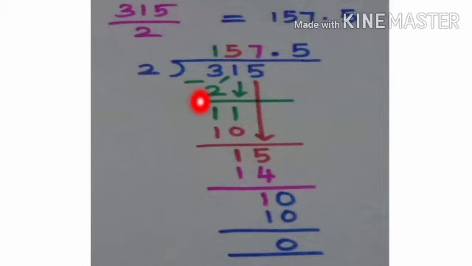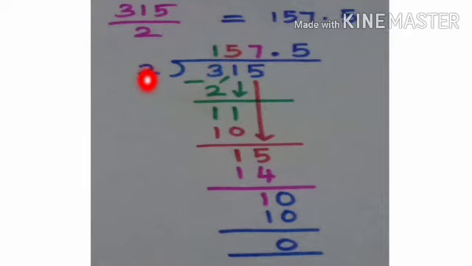So 1 into 2 is 2. Now 3 minus 2 is 1. Now bring the next digit 1 down near 1. That is 11. How many times is 11 divisible by 2? It is 5 times. Put the 5 in the quotient near 1.